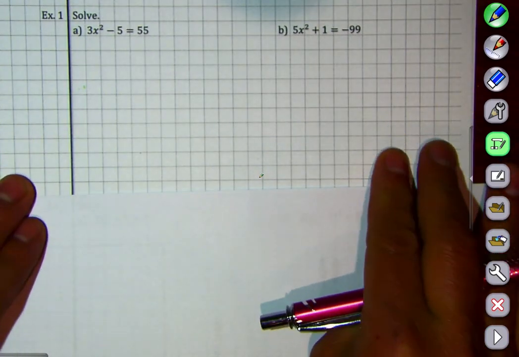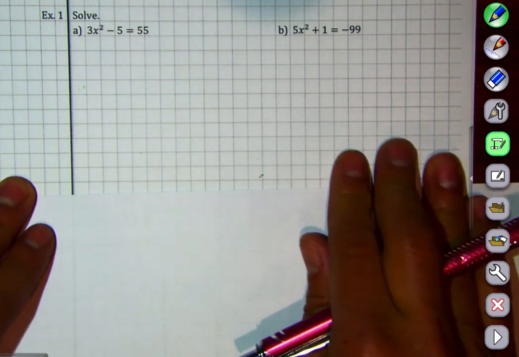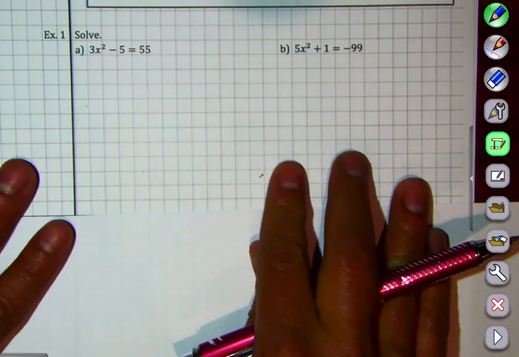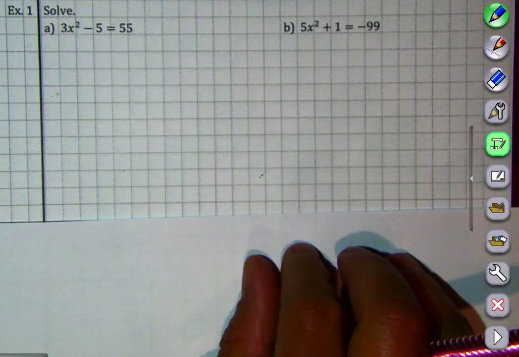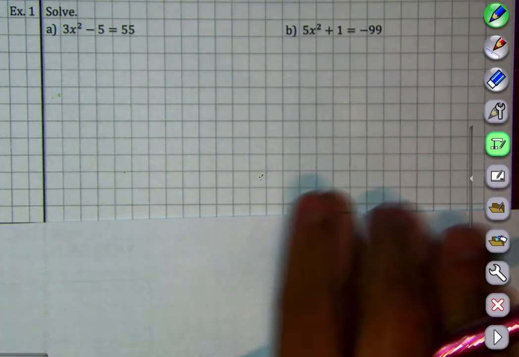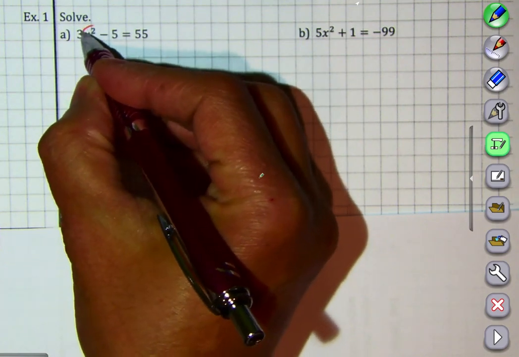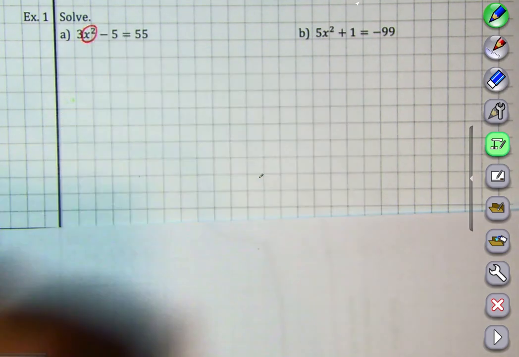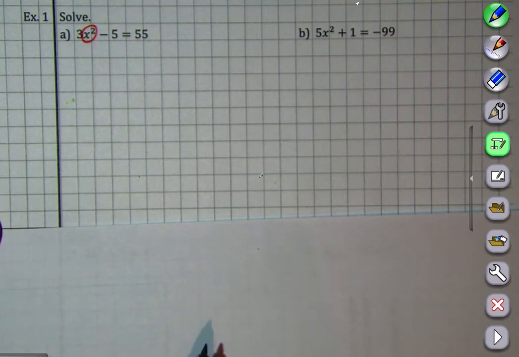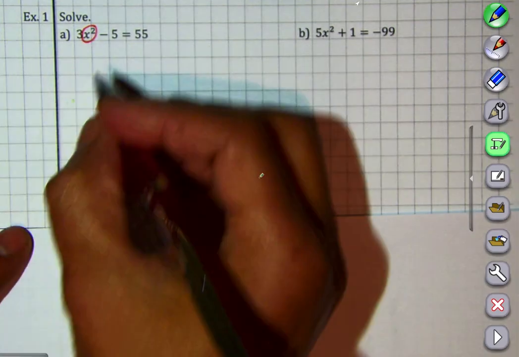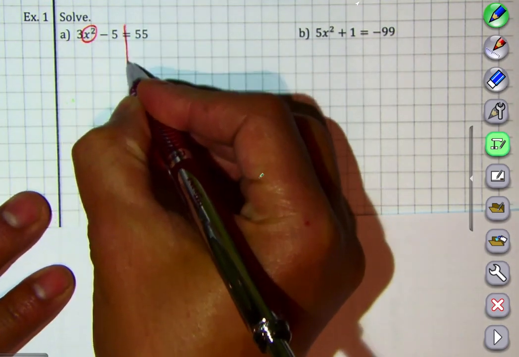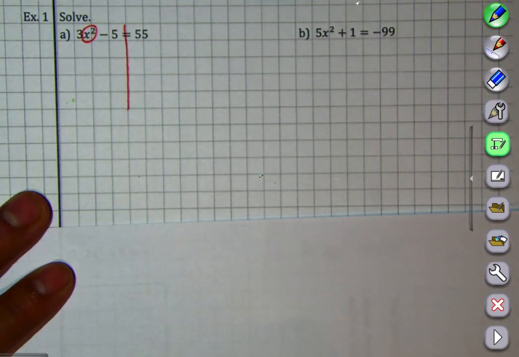So in this case, for example number 1, I want to be able to leave the x squared by itself. So our purpose is to leave the x squared by itself. So what should be my first step? Correct. My first step should be draw the line. So what will be my second step? Correct.